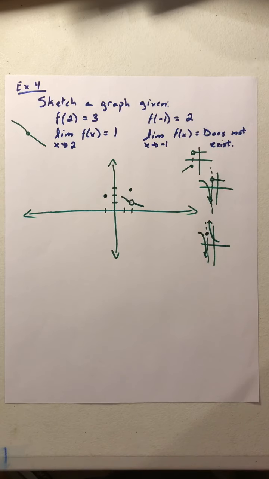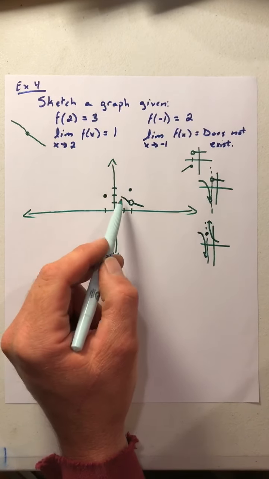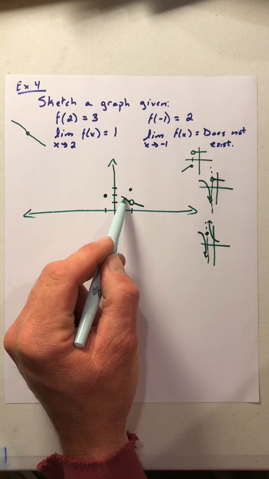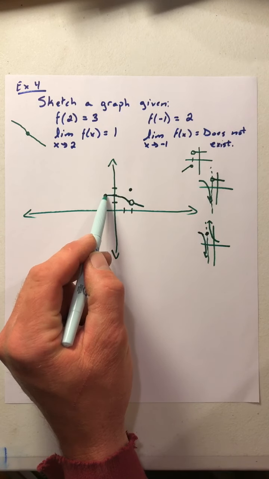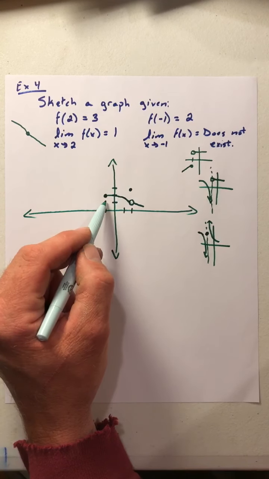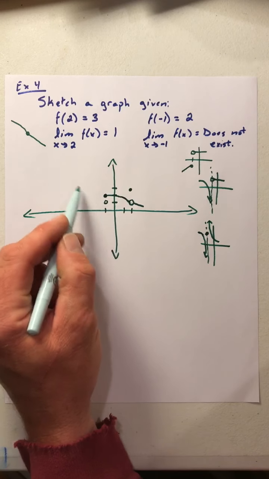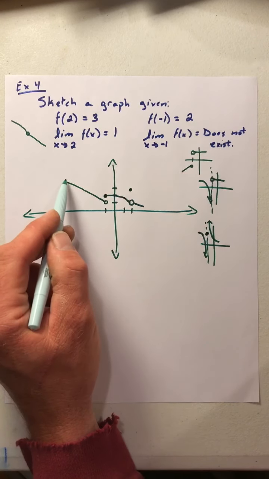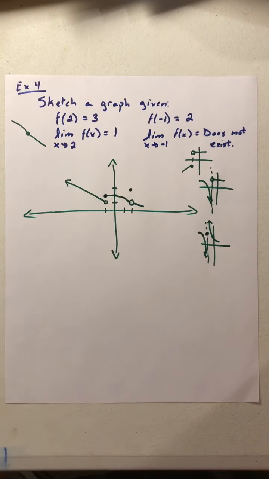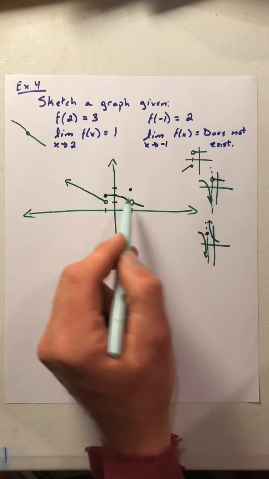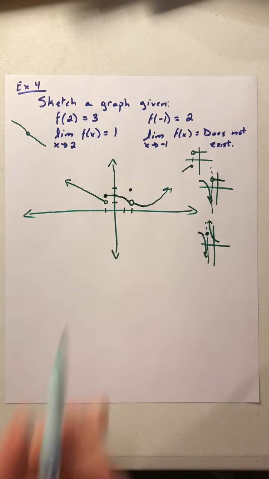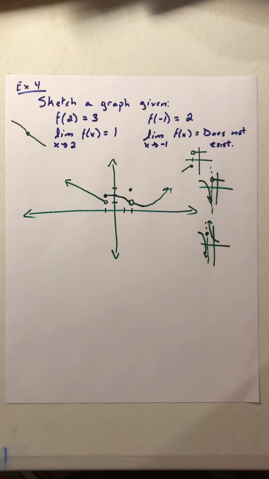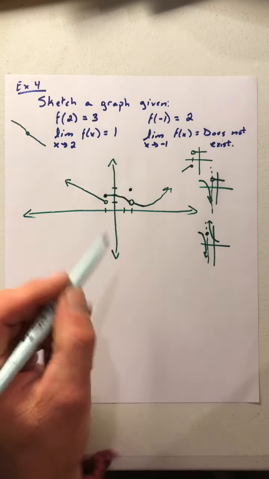So we really don't know what's happening, so we can kind of make up whatever we want. Maybe this side comes into the point, and then maybe from the left side, we're coming in something like that. And then there's our graph. We can connect these two pieces of the graph, and then we go on up maybe something like that. That's just one example of what that could look like.